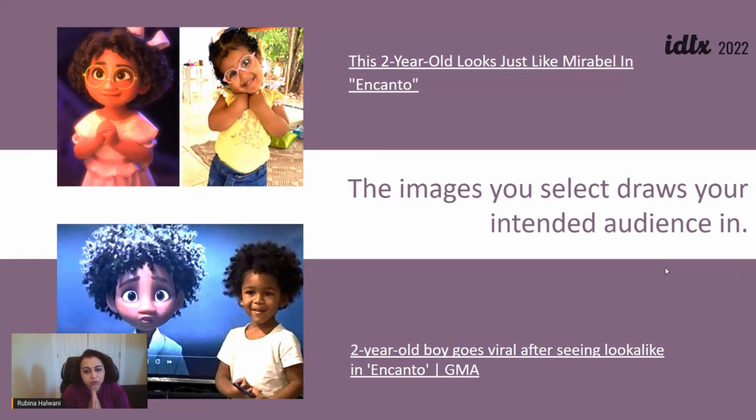The images that you select draw in your intended audience. You want to make sure that your audience feels seen, heard, and understood. And just use this example that you see from Encanto, the little girl here and the little boy here, and them just seeing representations that look like them.